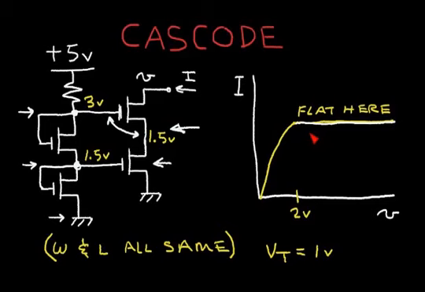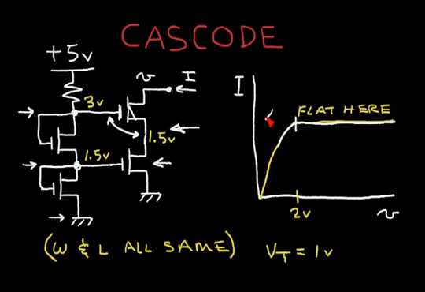However, there's a disadvantage. If we look at where this starts to become a good current source, at this point, this is a higher voltage. Now, if I have 3 volts at the gate and I have a 1 volt threshold, when this voltage at this current source, at this drain, is equal to 2 volts, I start to pinch off the channel in this transistor, and I start to go into this region where it's no longer a good current source.